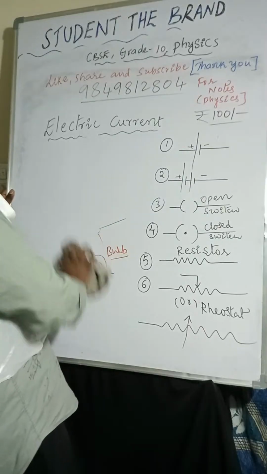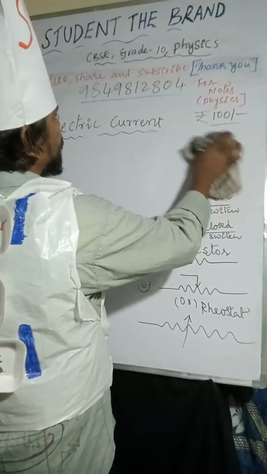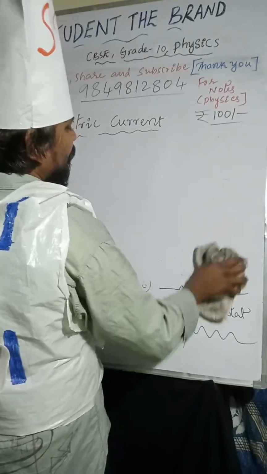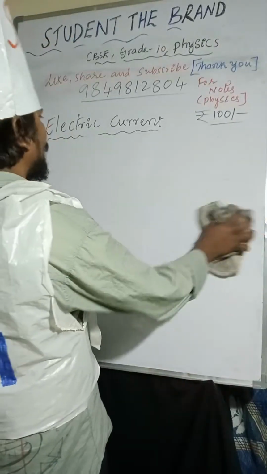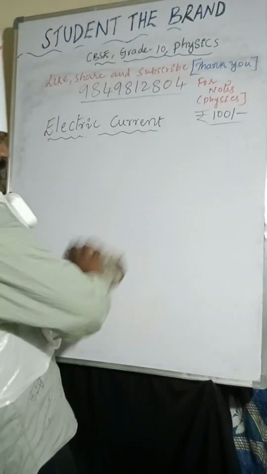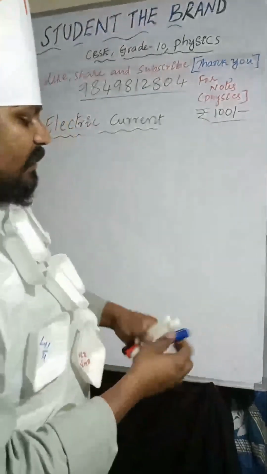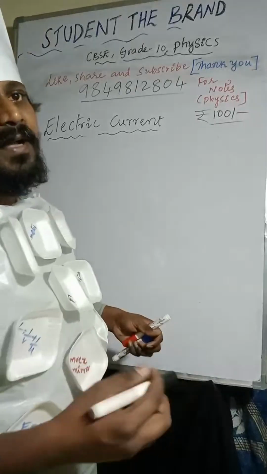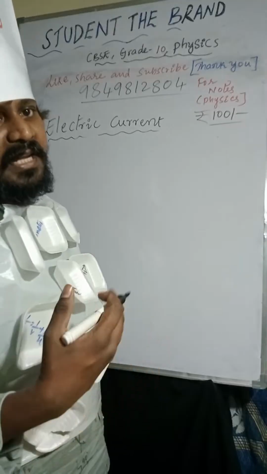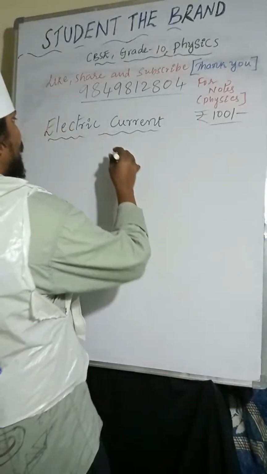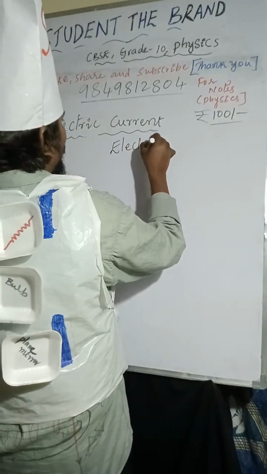A continuous and closed path of an electric current is known as an electric circuit.